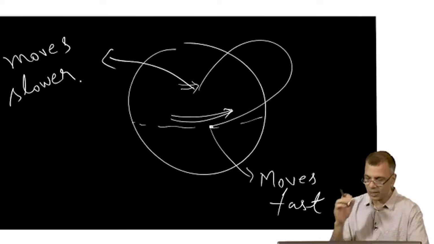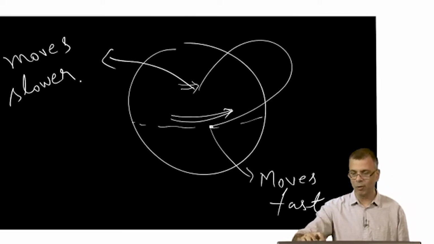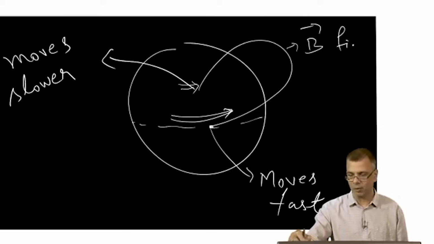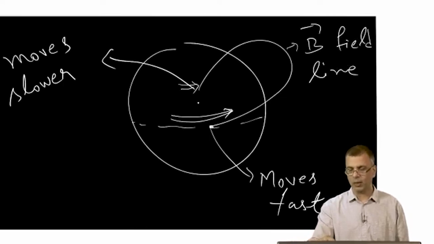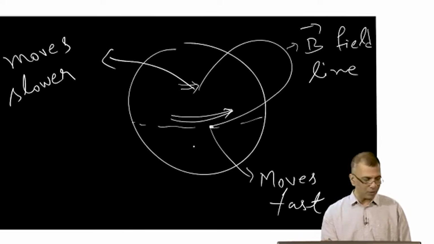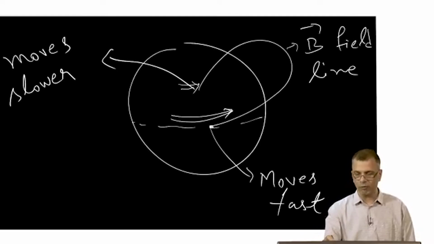Okay, so naturally you can imagine that this loop, this is a magnetic field line loop, will not remain like this simply because one leg is moving faster than the other.